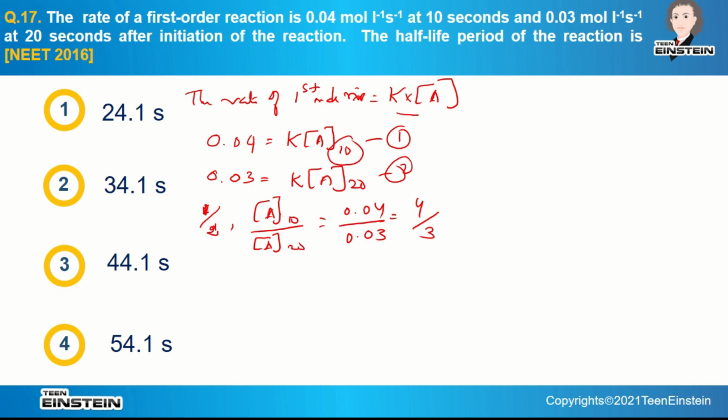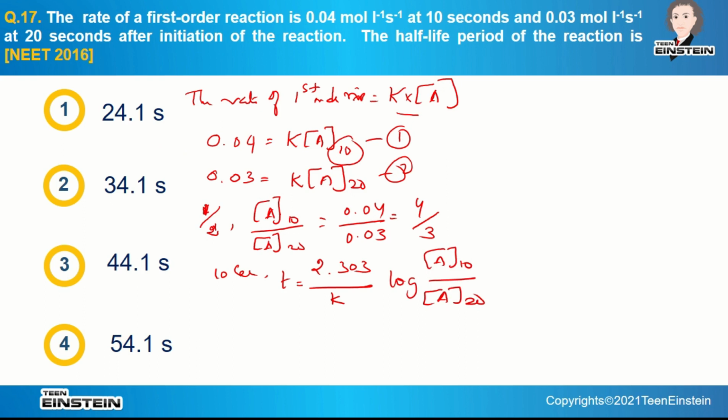So for the half-life period, we know the equation here, T is equal to 2.303 divided by K log of [A] at 10 divided by [A] at 20.